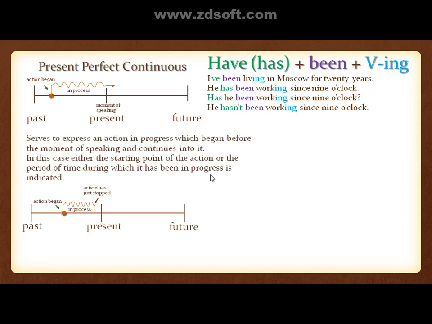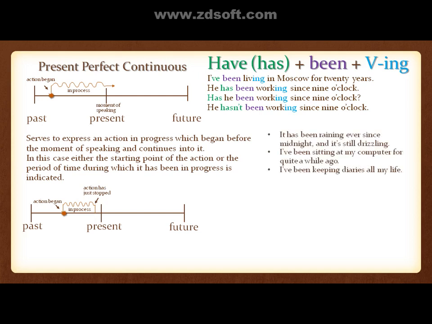We use this tense to express an action in progress which began before the moment of speaking and continues into it. In this case, either the starting point of the action or the period of time during which it has been in progress is indicated. Look at these examples. It has been raining ever since midnight and it's still drizzling.